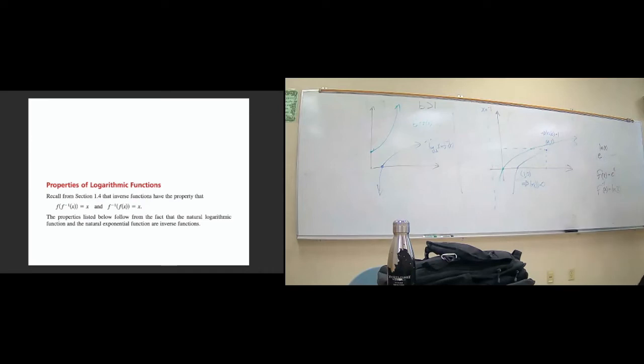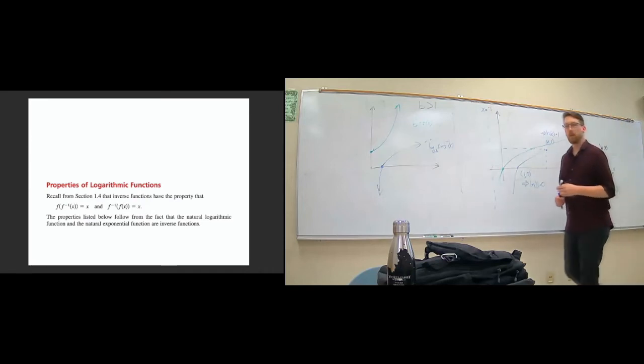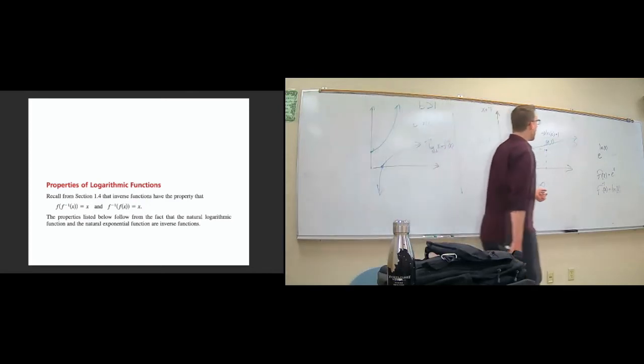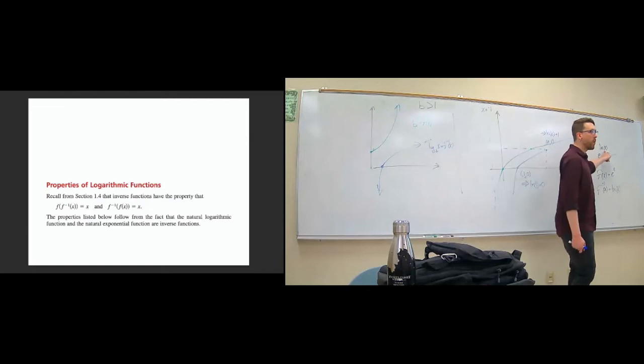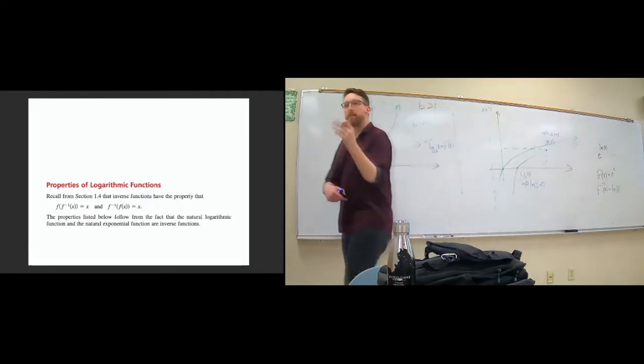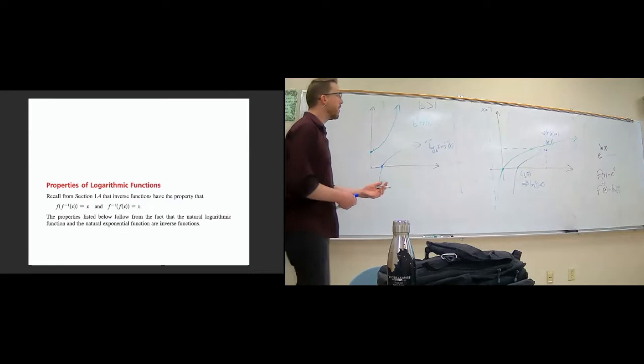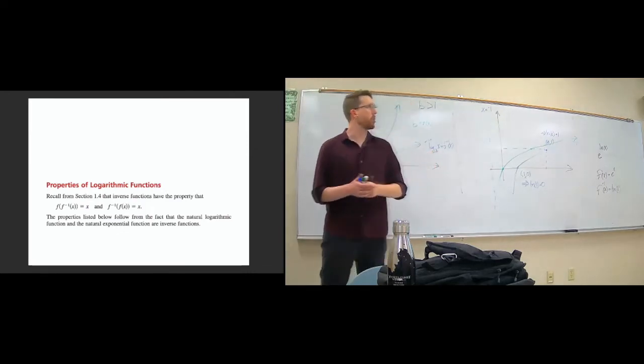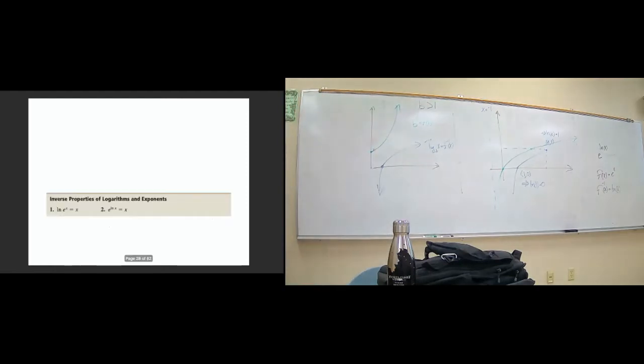That is this first case here. So we're just going to get x back. And this makes sense because the ln of x is answering the question, what power do you have to raise e to get x back, right? And then you're raising e to that power. So you're going to get x back. And that's why this is happening this way. Similarly, if we were to reverse the order, we'd get the exact same thing. Hence the following properties.